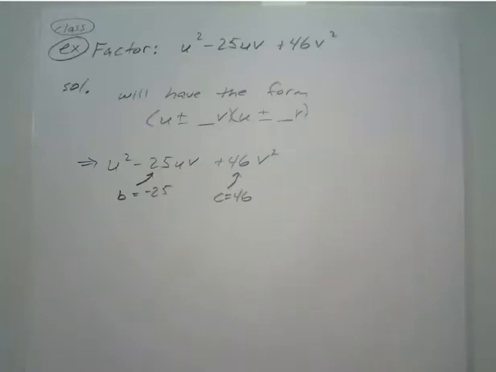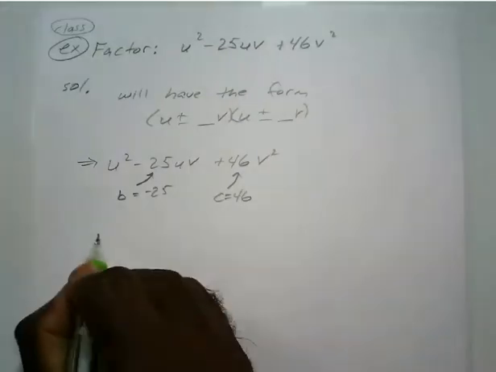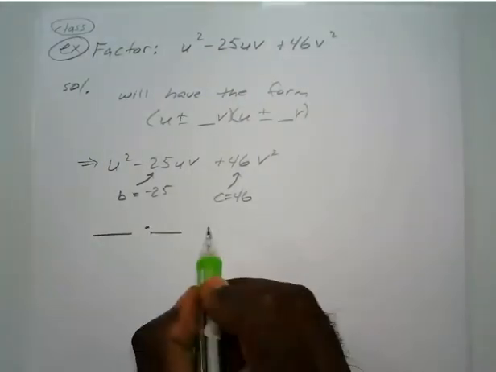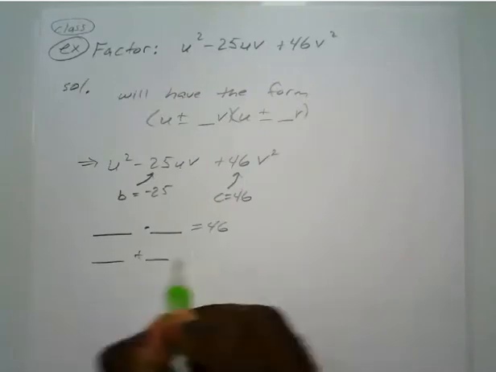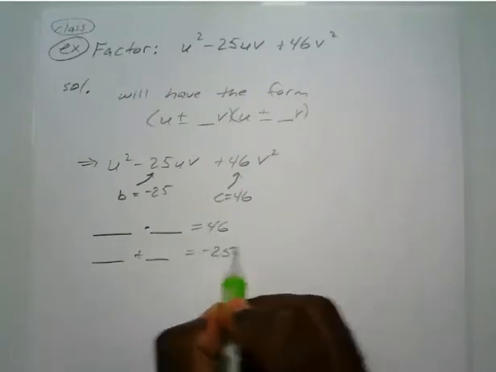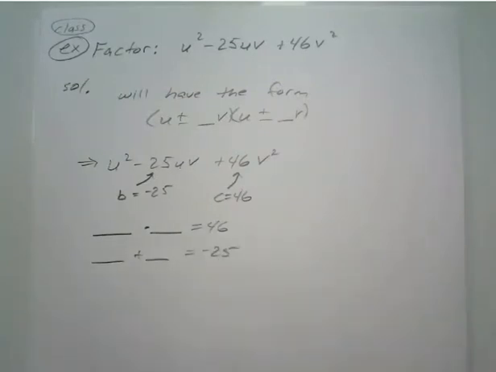So once again, if you're ever confused on where to get started, you have to find two numbers that multiply to equal your c, and those same two numbers add to equal negative 25. And again, look at the fact that when you multiply them together, it's positive, but when you add them, it's negative. So you know these two would have to be negative in order to multiply and become positive.